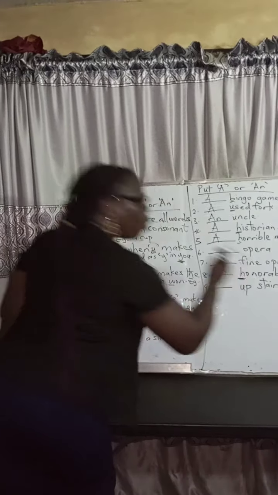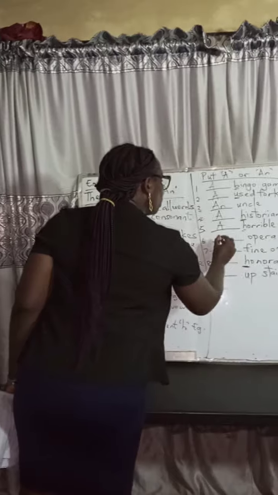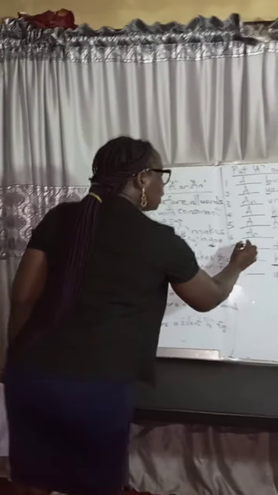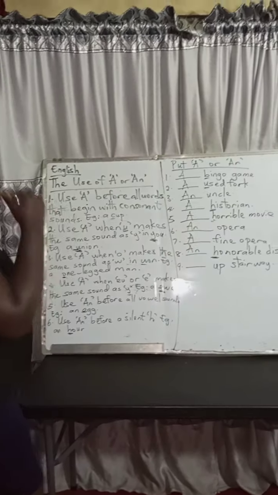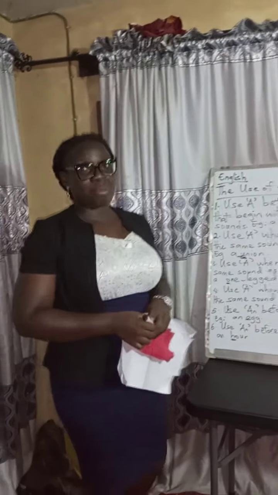We are hearing O, honorable. So we use an. How about this one? Good, an opera. And this one, a fine opera. How about this one? Very good. An upstairs way. So you did well. Thank you very much.